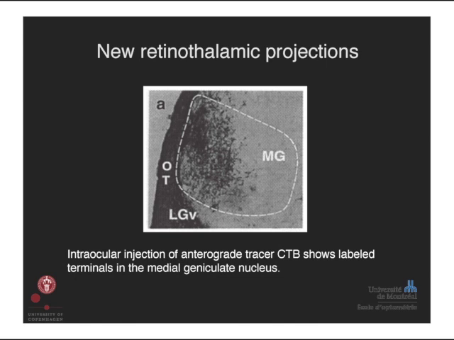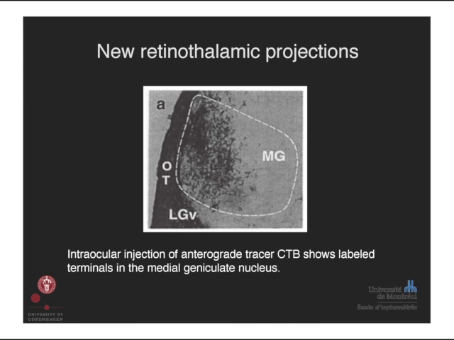If you want to prove this, you can make an intraocular injection of an anterograde tracer that will be carried to the medial geniculate, where we found the terminals, as in here. So this medial geniculate is full of terminals coming from the retina. Now we have an animal that has retinofugal projection directly to the medial geniculate, which is again the auditory thalamic nucleus. The question, of course, is: does it work?